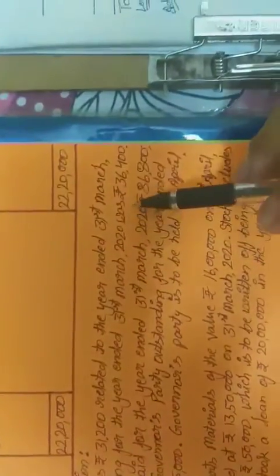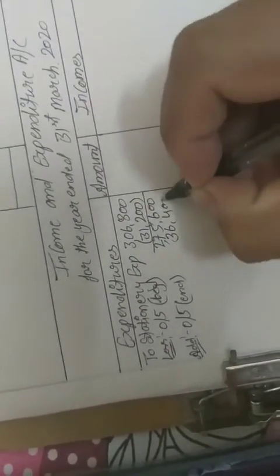And then we will add next the outstanding for the year ended 31st March 2020, which was rupees 36,400. So this is the current year outstanding, and the amount is 36,400.